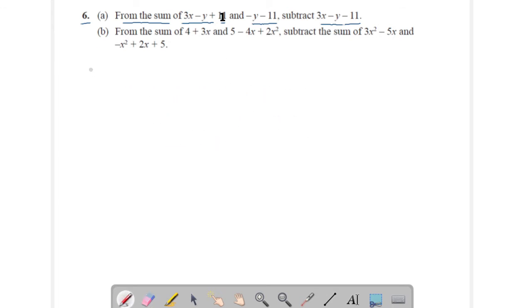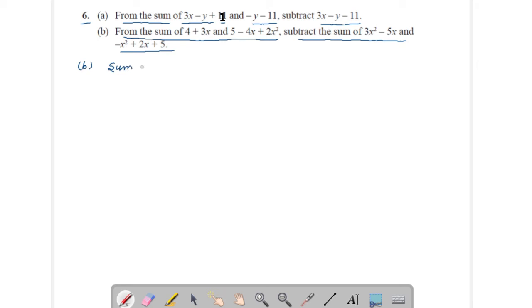Now come to B part. From the sum of 4 plus 3x and 5 minus 4x plus 3x square, subtract the sum of 3x square minus 5x and minus x square plus 2x plus 5. First of all, we find the sum.